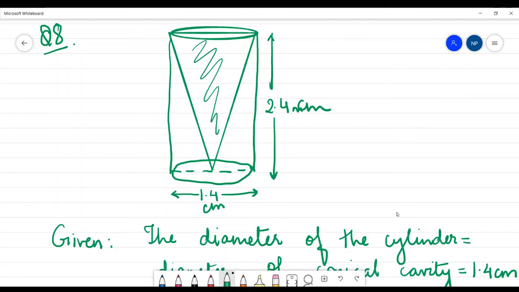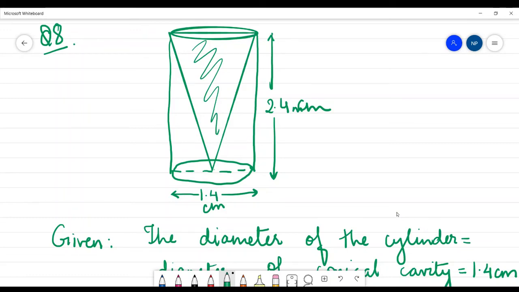So for that we need the surface area of the cone as well as the total surface area of the cylinder. Okay, we need the total surface area of the cylinder. Why do we need the total surface area of the cylinder, children? Because the hollow that is being made, the cavity that has been taken out, is of cone shape.